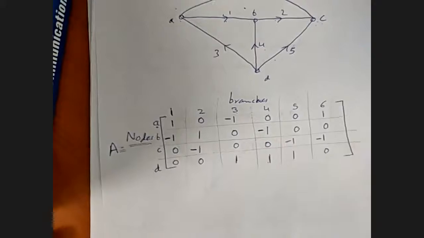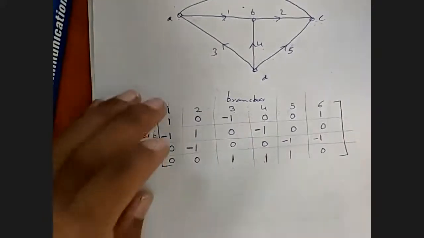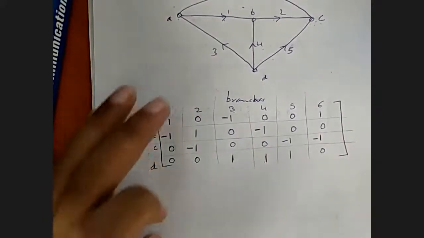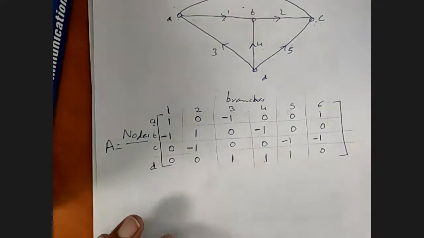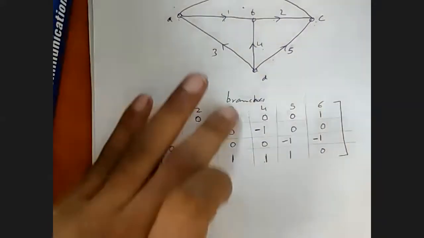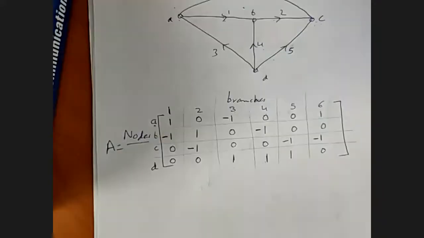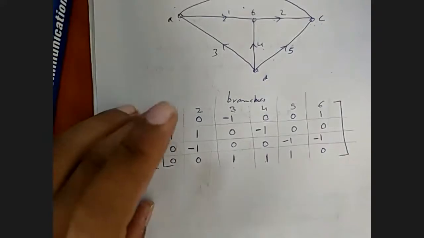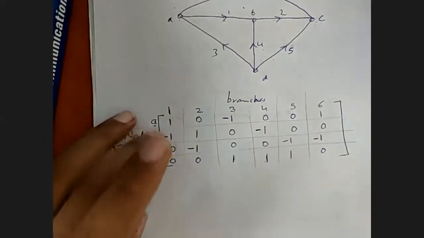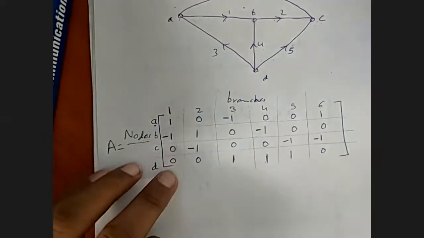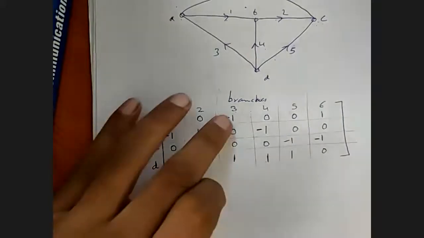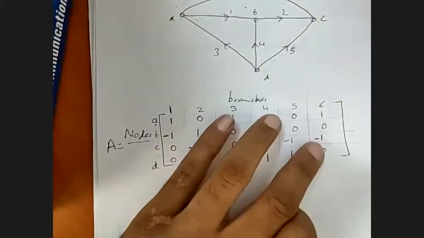To check, you sum up each column. Add every column, it will always be 0. So the first check is to add each column, 1 -1 0 0. The sum must be 0: 0 0 0 0 0 and 0.